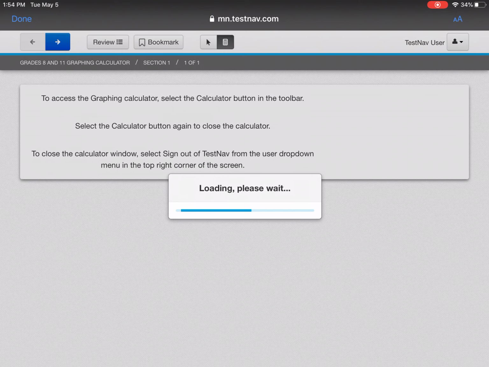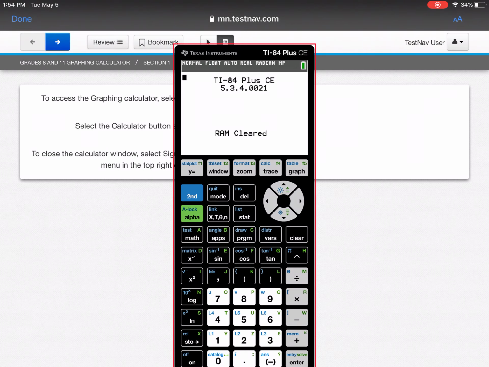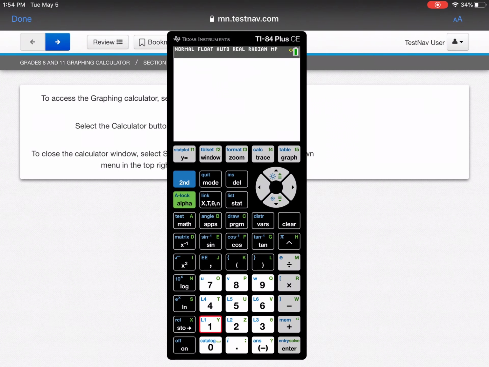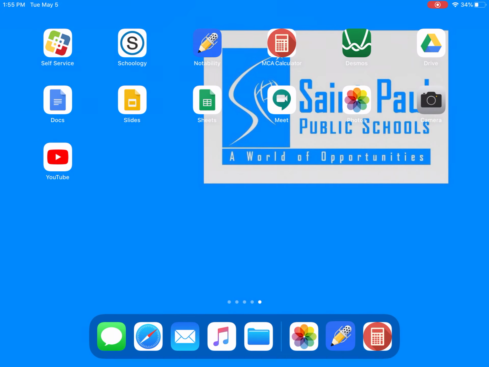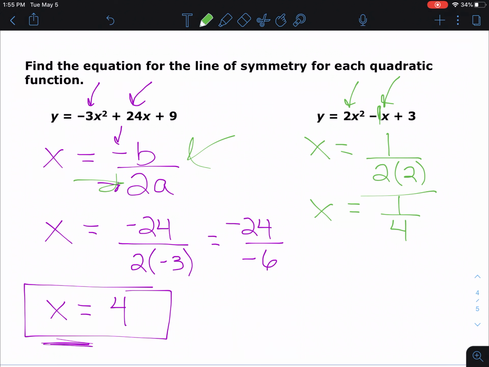Okay, so if I say 1 divided by 4, you get 0.25. You could write that, or you could just go math, and the reduced version of that is still 1/4. So then we're just going to leave this as our answer here, or you could also write 0.25. Again, the important thing here is making sure that it says x equals.